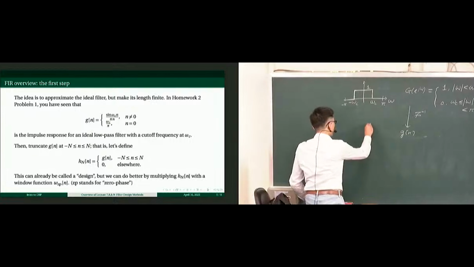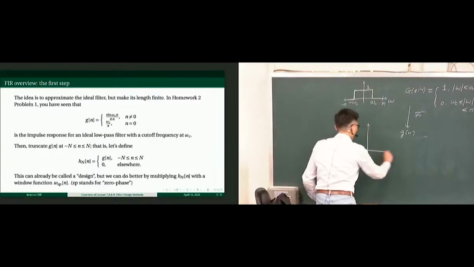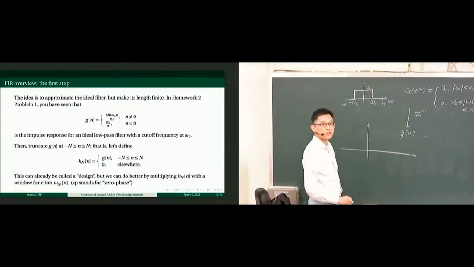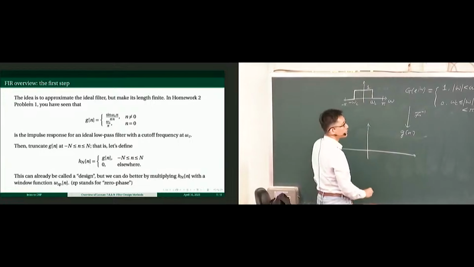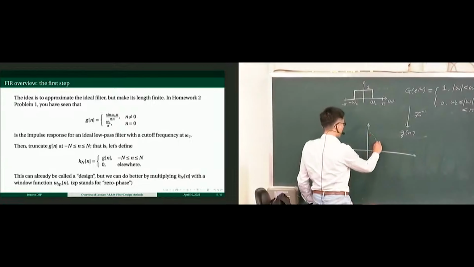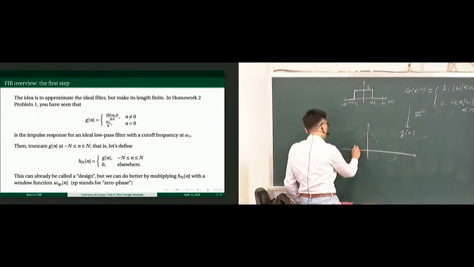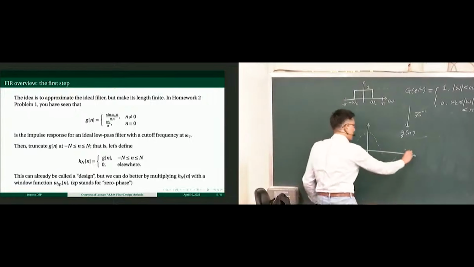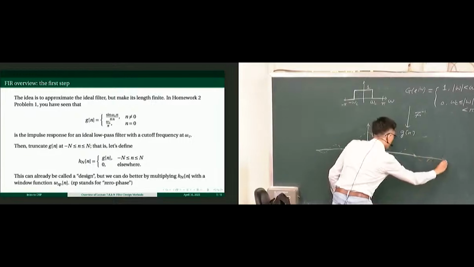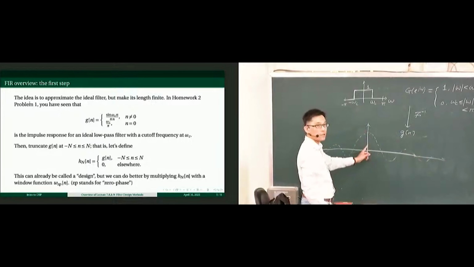So it doesn't hurt to again draw a sketch of the sinc function. We know it has an envelope like that, and zero crossings. The sinc function extends infinitely on both sides, to the left and to the right.